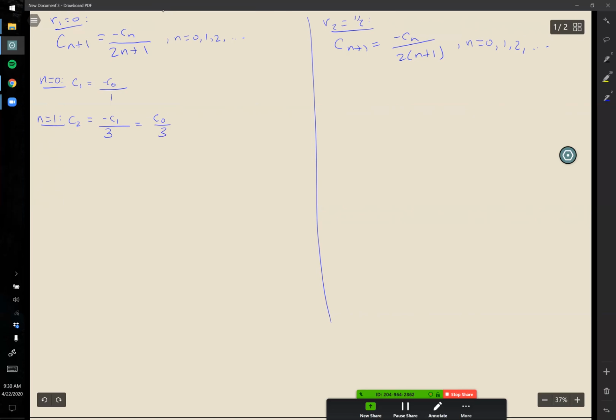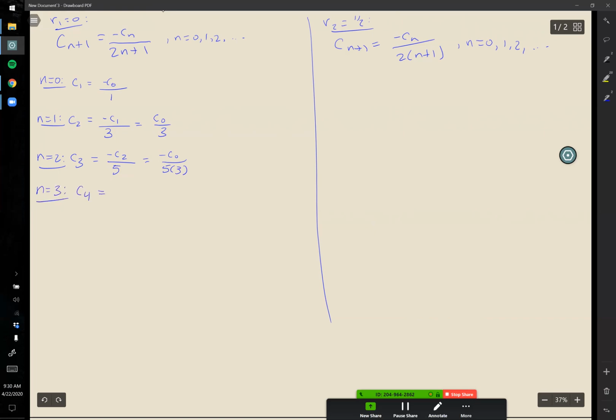Then we'll just keep on going. For n equals 2, it looks like it's all going to be in terms of C naught. Let's make sure. C3 is going to be negative C2 over 2 times 2, 4, plus 1, 5. So it's going to be negative C naught over 5 times 3. Yeah, it looks like they're all in terms of C naught.